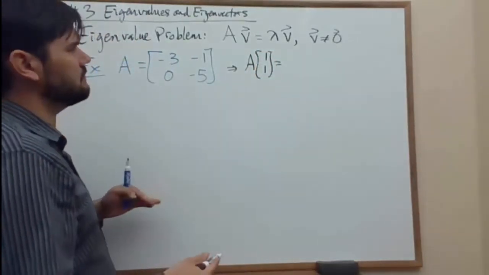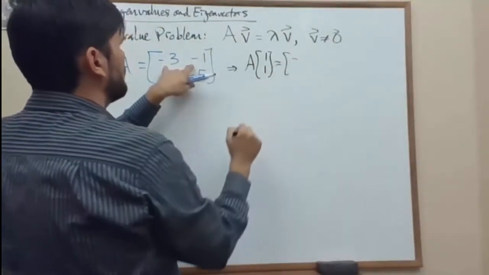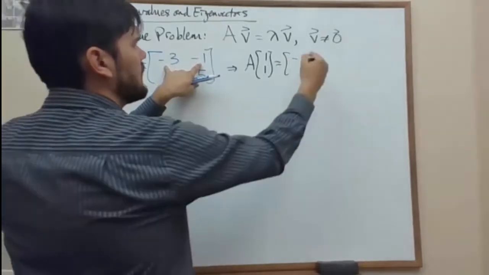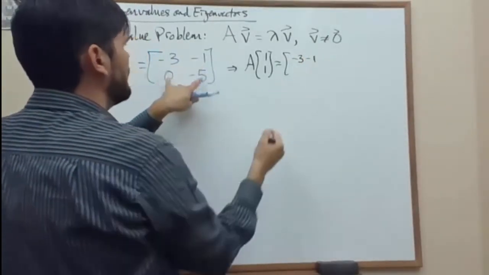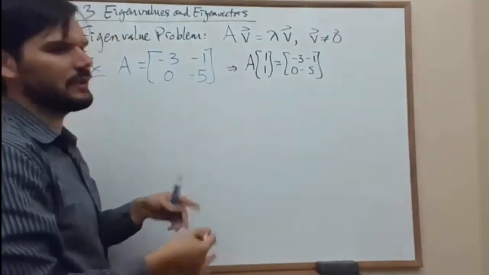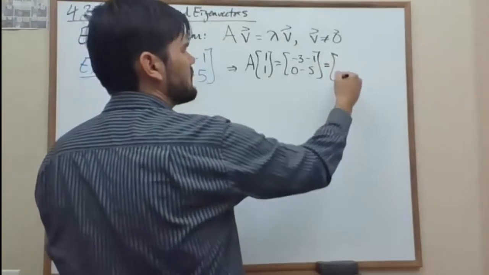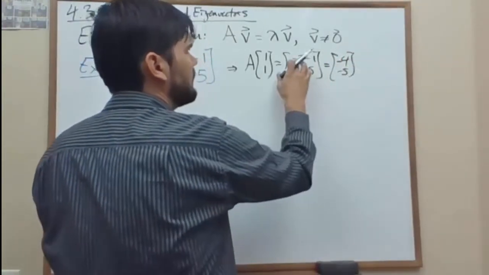Multiplied by 1, 1, I get a -3 minus 1, so that's -4, and a 0 minus 5. Just to remind you how matrix multiplication works, that resolves to a -4 and a -5.